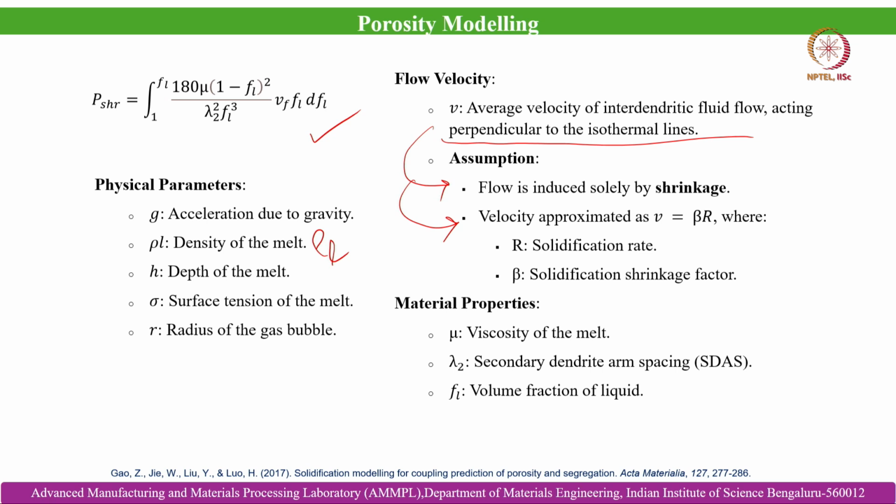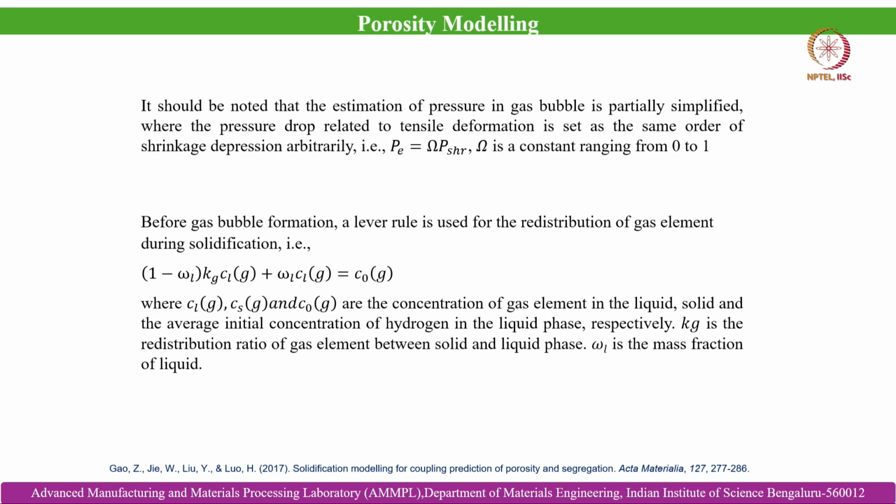Here, among the material properties in these pressure definitions, mu is the viscosity of the solidifying melt, lambda 2 is the secondary dendrite arm spacing, and Fl is the volume fraction of liquid. It should be noted that the estimation of pressure in the gas bubble is partially simplified, where the pressure drop related to tensile deformation is set arbitrarily to the same order as the shrinkage depression, that is P epsilon, as we defined in the previous slide.